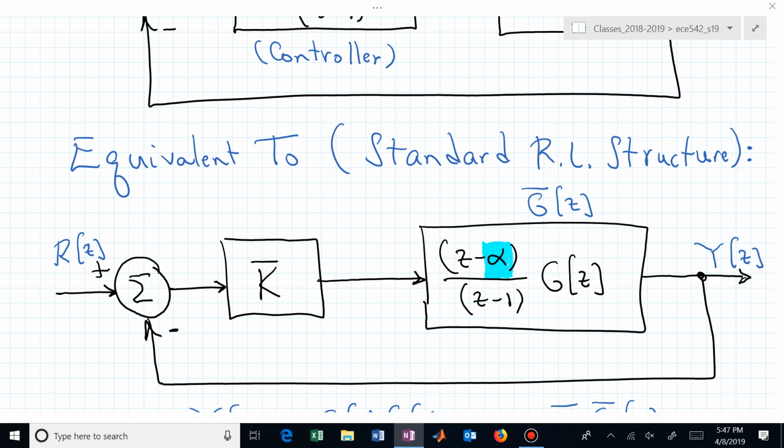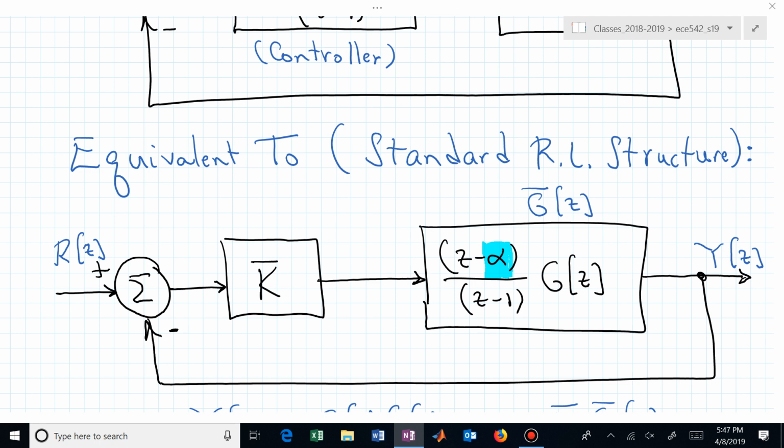We haven't changed anything in the system other than now we've isolated this parameter K bar, and we've put two new factors in to modify the plant, and we're going to call that modified plant G bar. The only thing that we haven't really committed to is that value of alpha. We can now pick an alpha, and then we have a fixed G bar.